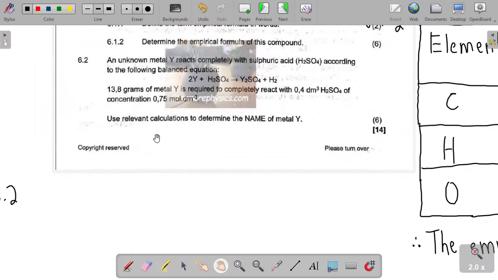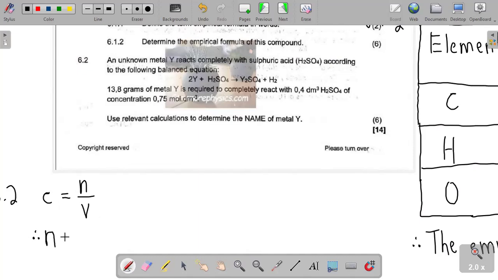So what we have here is that for the sulfuric acid, there is the volume and the concentration. The first thing we can do is find the number of moles of the sulfuric acid, because we can use C equals n over V. So we cross multiply.